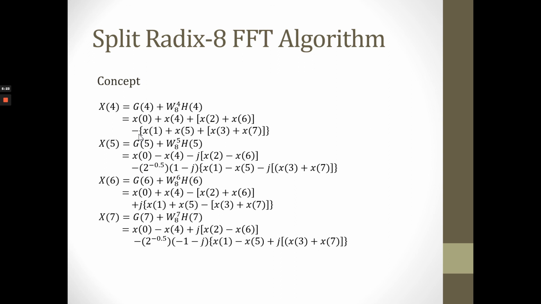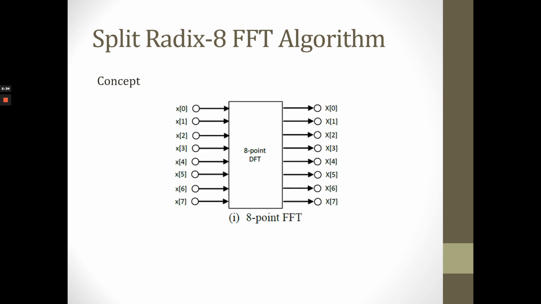And we repeat for x4 until x7, so in total we have 8 equations for x0 until x7. And this is for the 8-point FFT based on xn, for n equal to 0 until 7, to determine the signal xk for fast Fourier transform for k equal to 0 until k equal to 7.